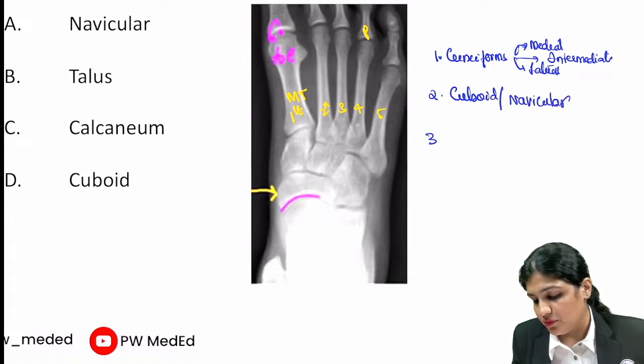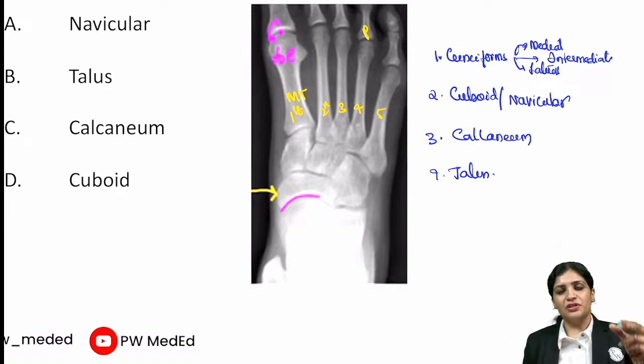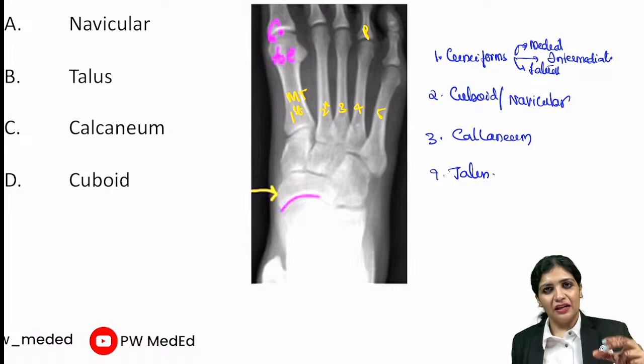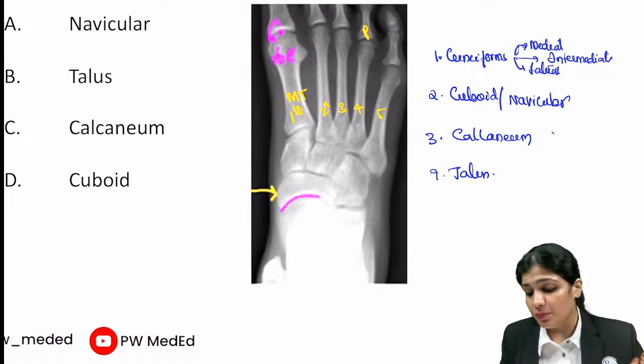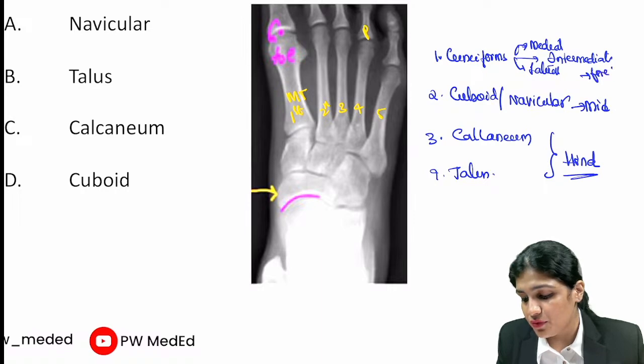And then you have your calcaneum and the talus. If you remember, the ankle joint is formed between the tibia and the talus, and the subtalar joint is formed between the talus and the calcaneum. So the talus and the calcaneum will form your hind foot, the cuboid and navicular your mid foot, and this is your forefoot.